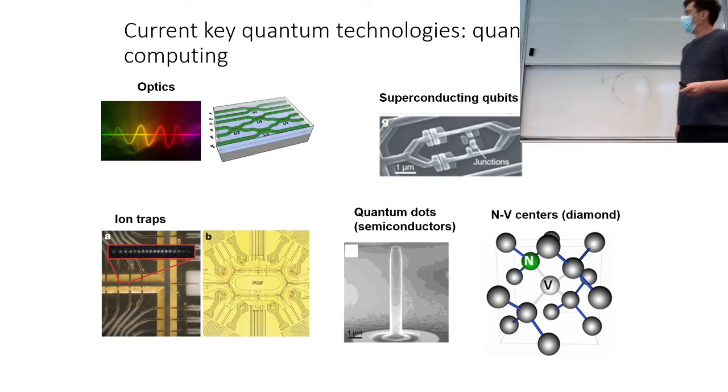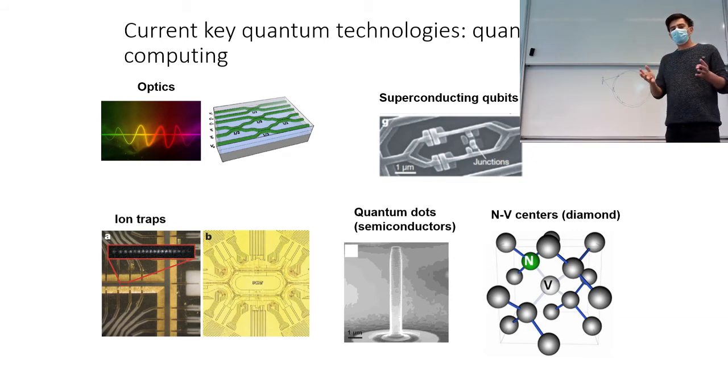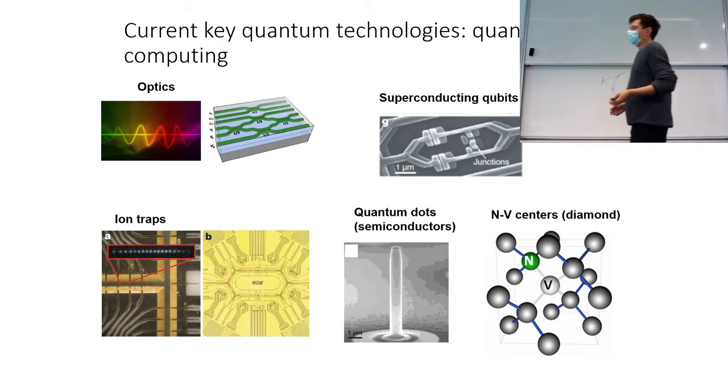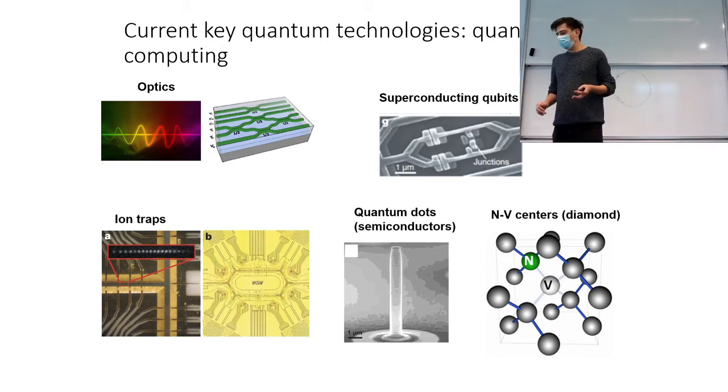So what we're doing is to use ensembles of atoms where there's a lot of duplication of the information, so that even if you lose a few atoms here or there, it doesn't really matter, you still got the information. And so it's more like what you do classically in a way.